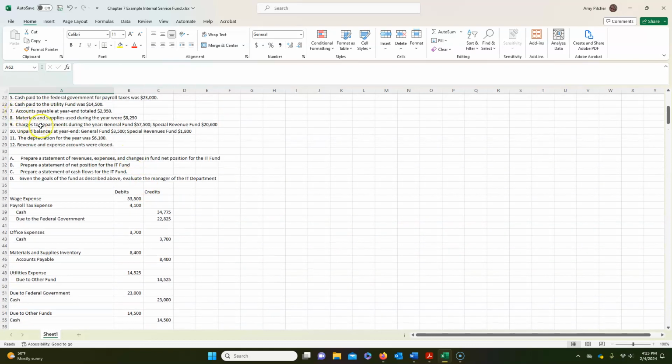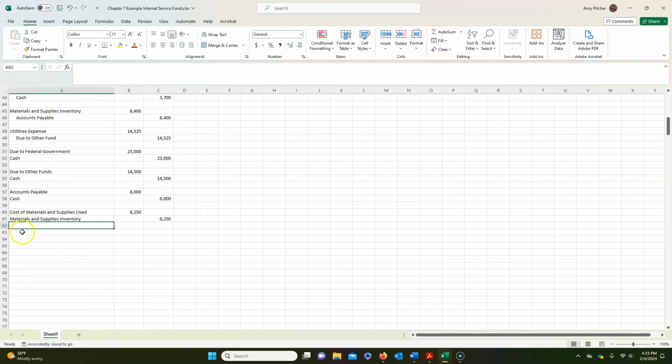Transaction 9 says charges to departments during the year. We had general fund $57,000 and a special revenue fund of $20,600. So this is money we're going to receive from other funds because we billed them for services.